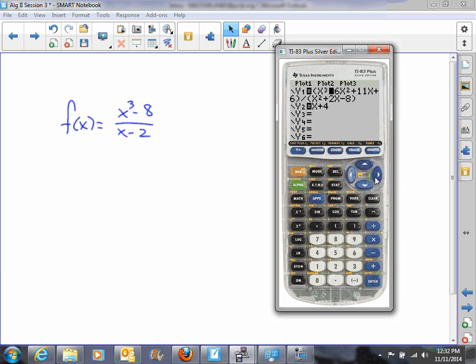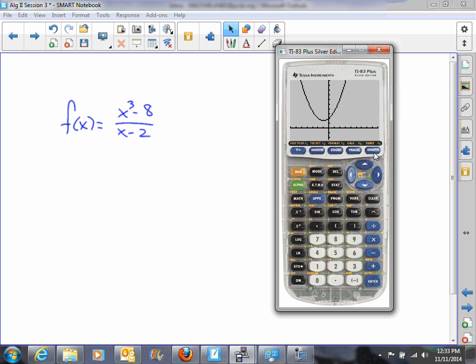So we've got x cubed minus 8 divided by x minus 2. Now, on this one, let's have the window go from -7 to +9, and 1 is a good scale, and let's go from -5 to +20. 2 can be a good scale there, and here's the graph.